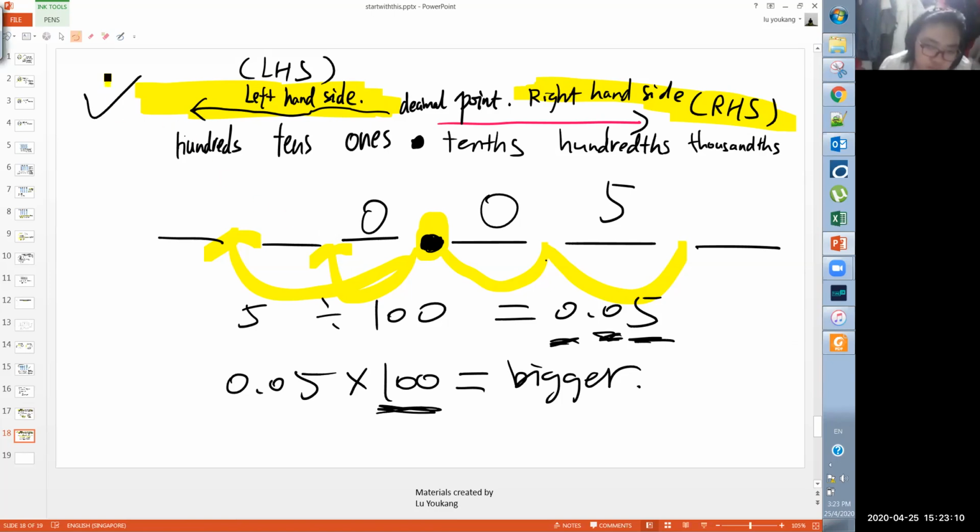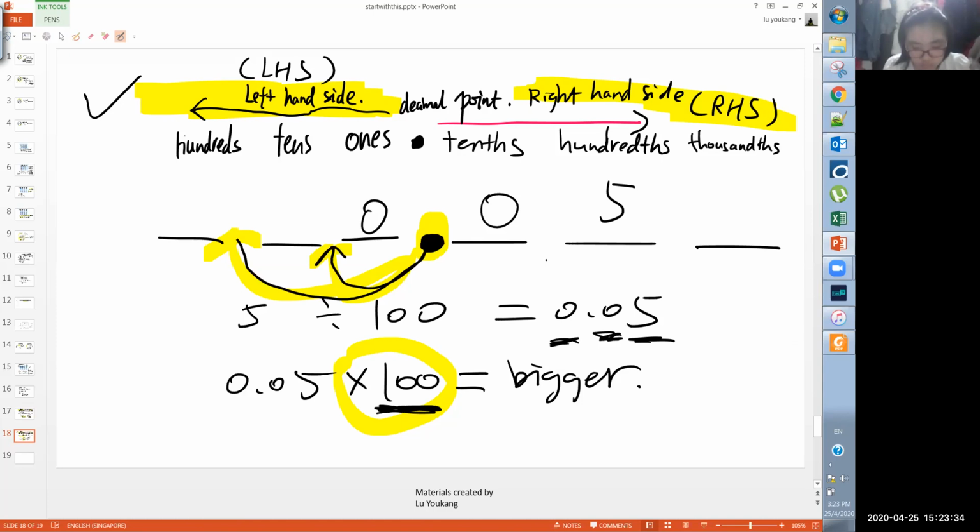Okay, so let's say if it's times 100, you say it moves to the left. So that means the decimal point times 100 means you move to the left by 2 places. 1 place, second place. Now, this decimal point has moved 2 places already.